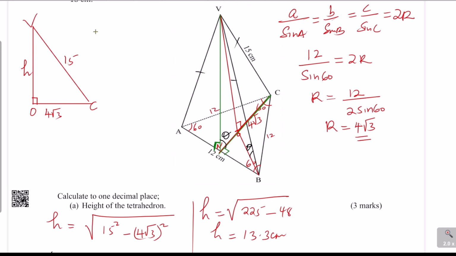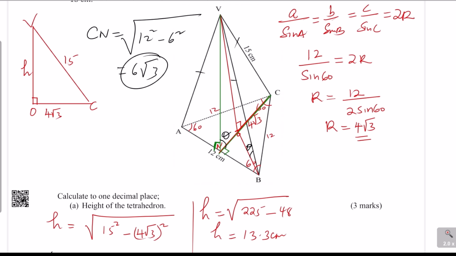We can use Pythagoras theorem to get that. So CN, the whole of CN, using this triangle here, will be the square root of 12 squared minus 6 squared. 12 squared minus 6 squared gives 6 root 3.